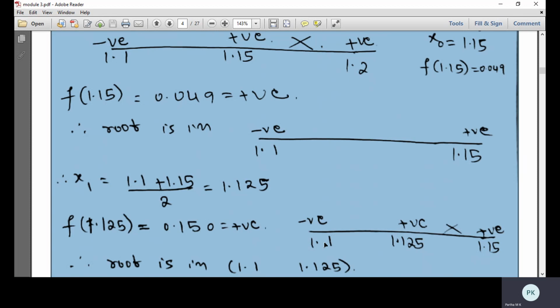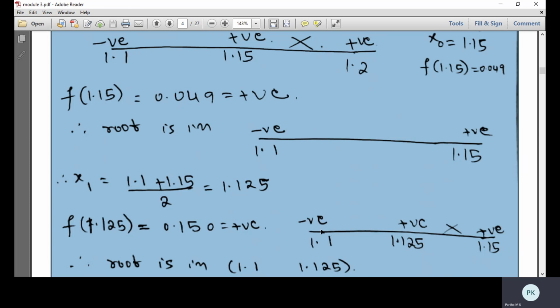Now take the average of these: (1.1 plus 1.15) divided by 2, 1.125. Find f of 1.125, positive. Write that here.